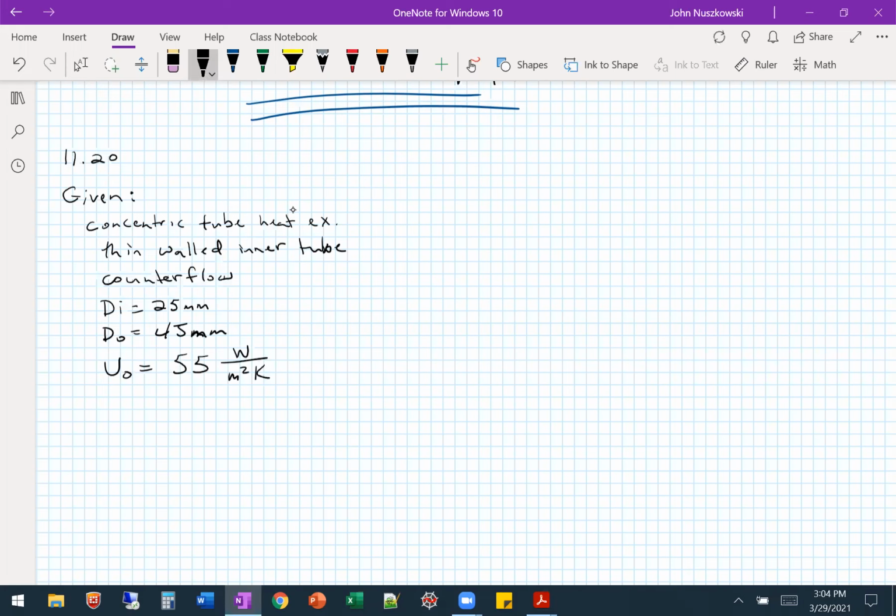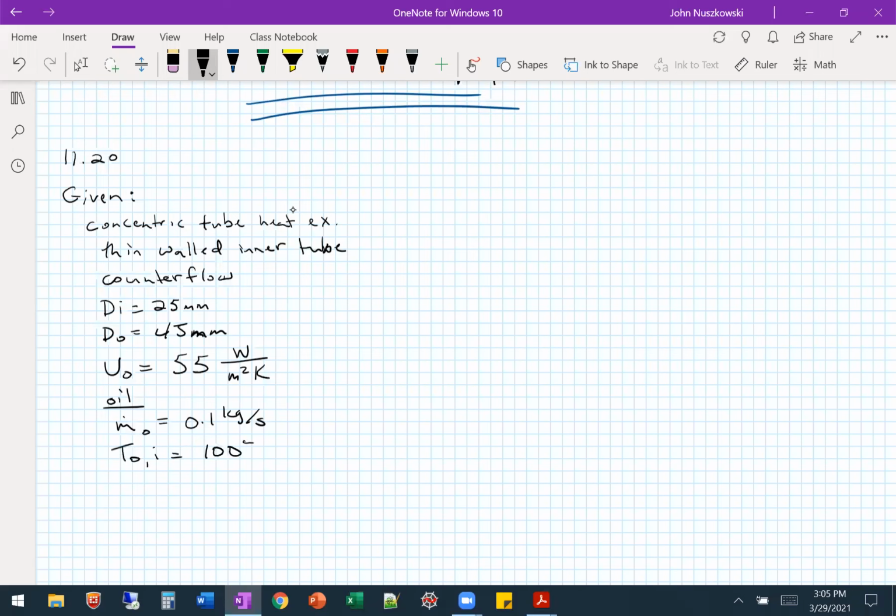All right, so then we have some stuff on the oil side. The mass rate of the oil is 0.1 kilograms per second. They give us the oil inlet temperature of 100 degrees Celsius.